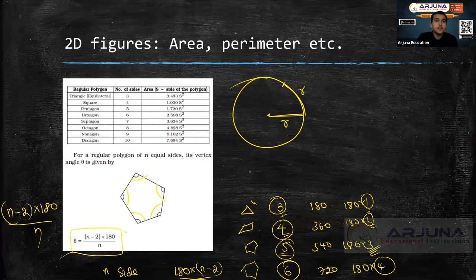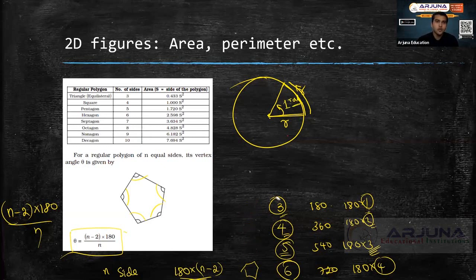So the angle covered when you walk along the circumference a distance r is nothing but 1 radian.